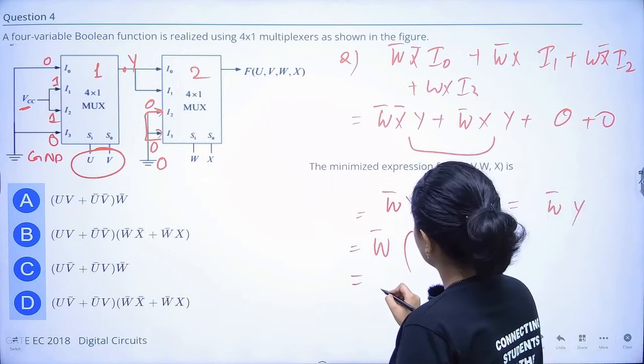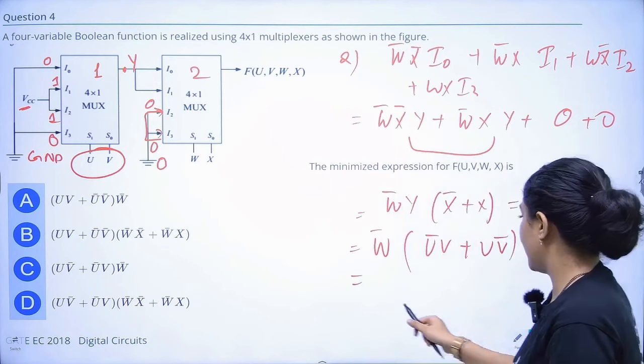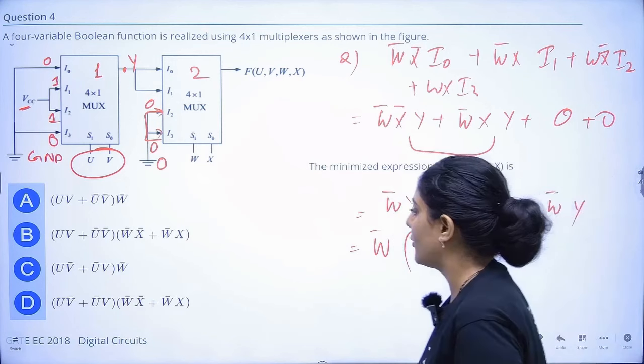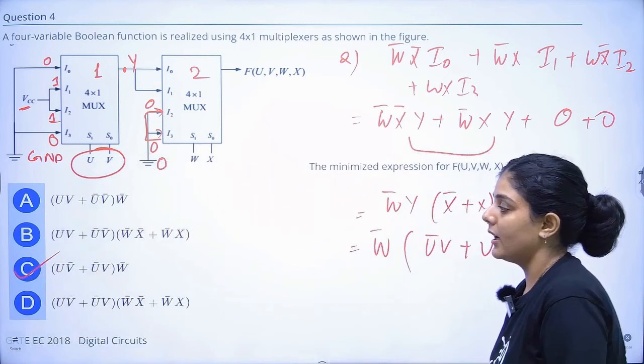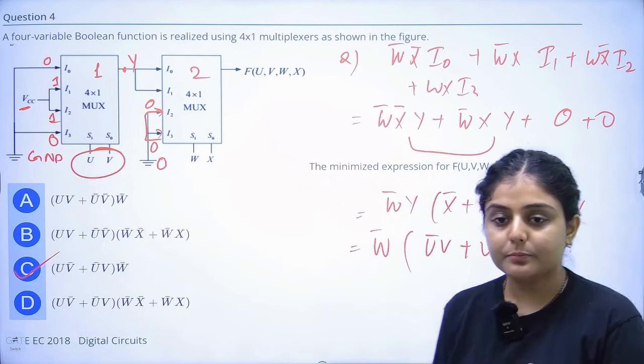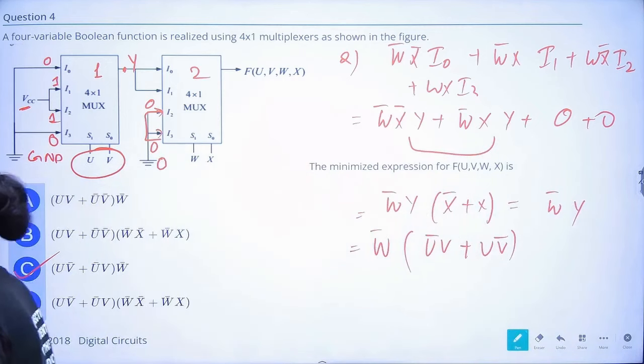If I open it, you need to open it. The answer is given in this way only, W bar U V bar. Right? Moving on to the next question.